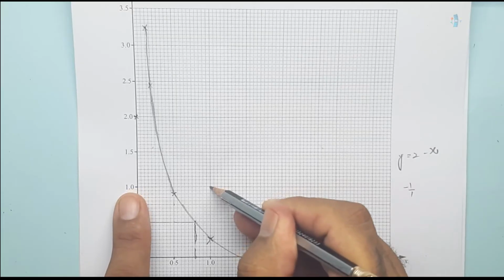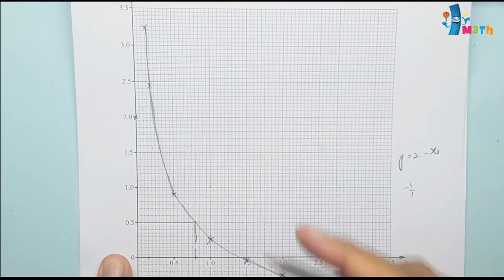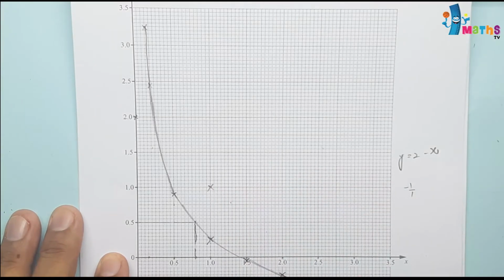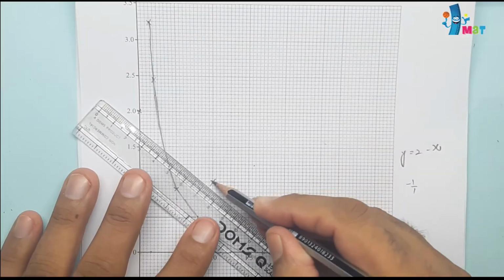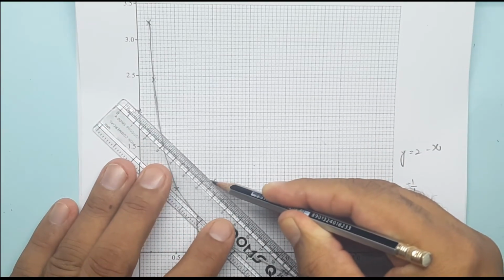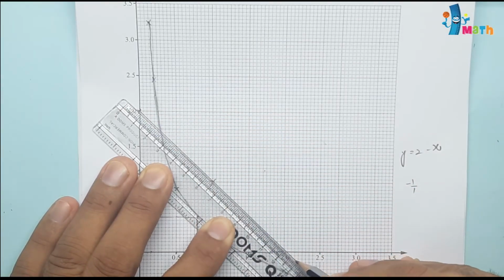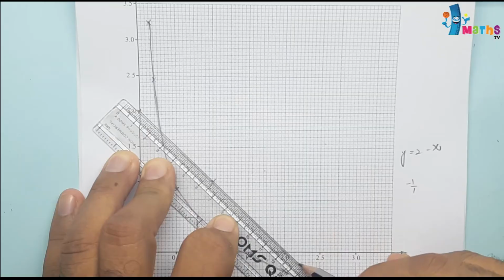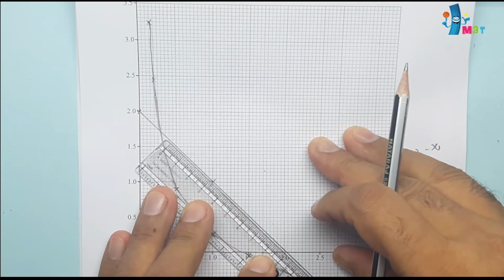This is the point from which we draw the line. We pass the line from here like this, cross the curve over here, and we can extend it a little more.